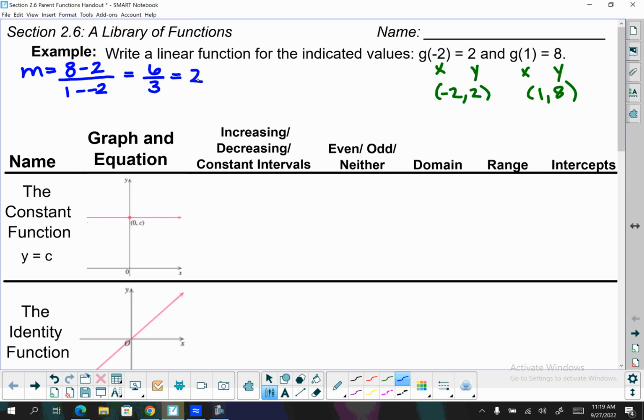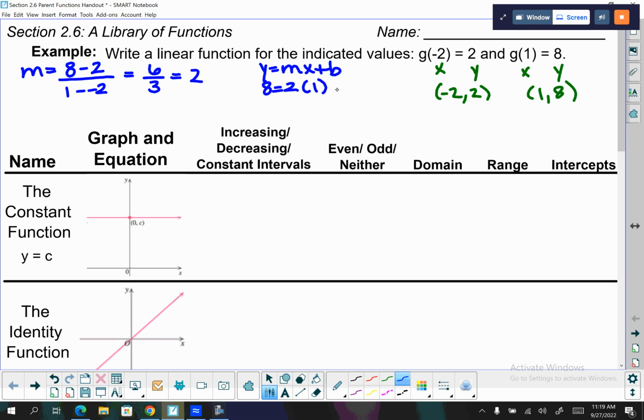Once I have a slope, how do I get the y-intercept? Plug them in to y equals mx plus b. So y equals mx plus b, my slope is 2. And then you can use either set of points. I'll use 1, 8. X is 1. Y is 8. So b will equal 6 when I solve for b.